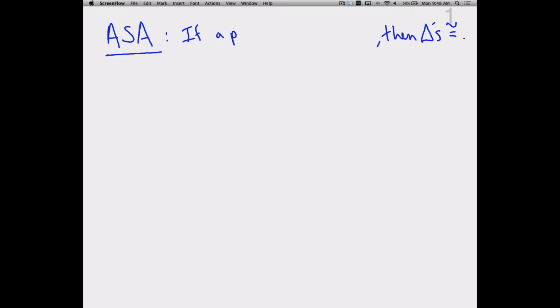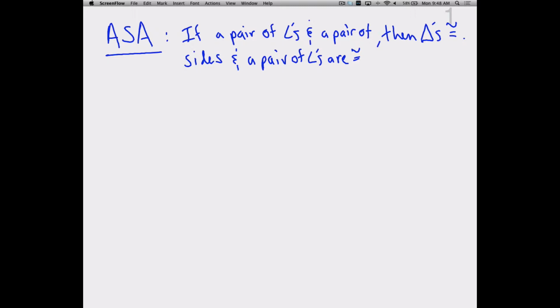If a pair of angles and a pair of sides and a pair of angles are congruent, comma, then the triangles are congruent.